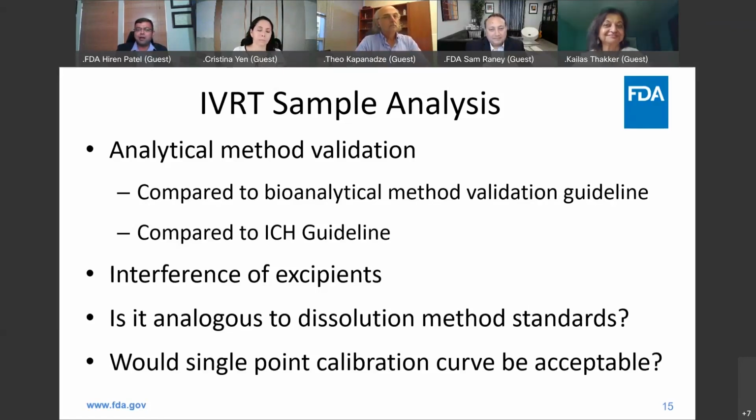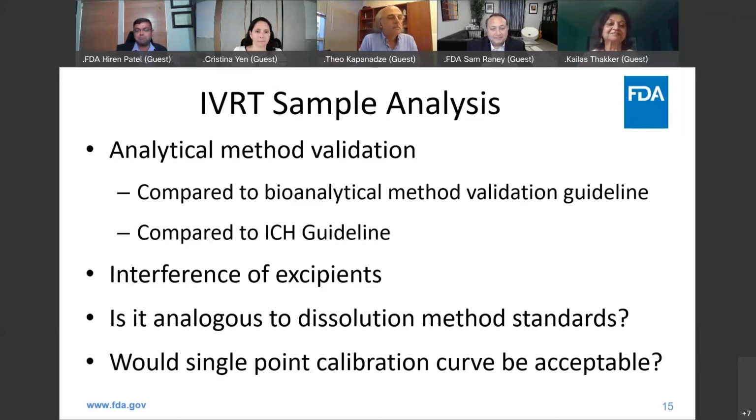I know there were one or two times that showed linearity, but as a reviewer, when I see the single point calibration on the lower side, I'm a little bit concerned, as there's a scientific question whether it's going to impact the release rate. I don't know whether it's going to impact the release rate significantly, but to support the equivalence, if you can accurately quantify the API, that will be great.